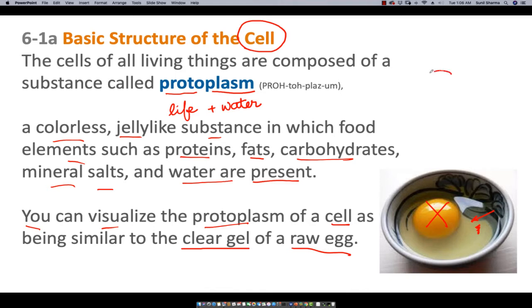And where is that protoplasm? If you have a cell, it's like a ball, and inside is the liquid, and that creates this cell. And let's take a look at what it looks like.